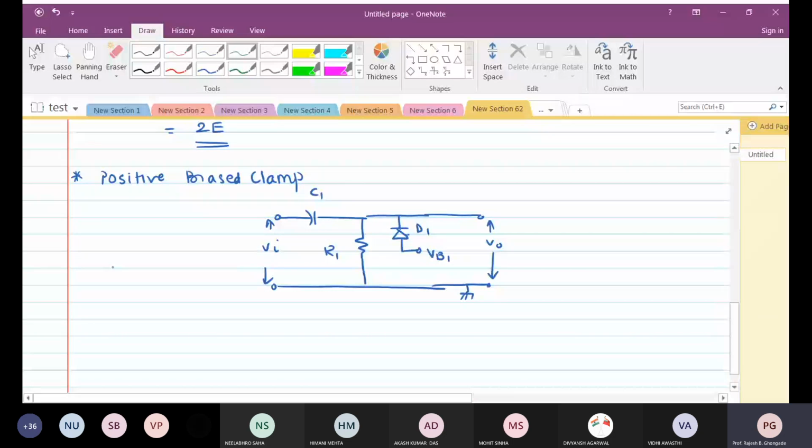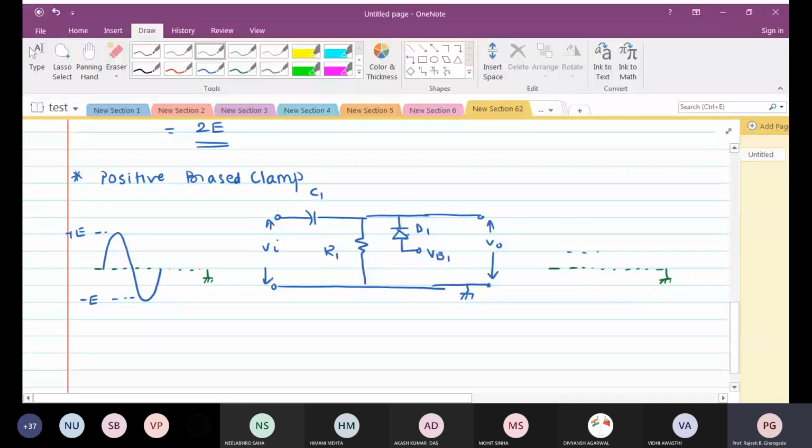If you look at the waveforms, this is again your input waveform, plus E, minus E. And now, if you look at the output, now we have an interesting situation here.